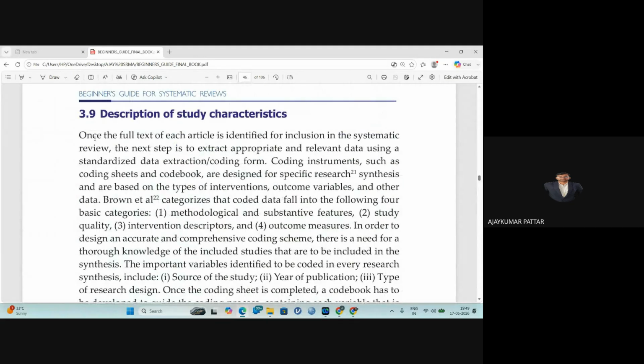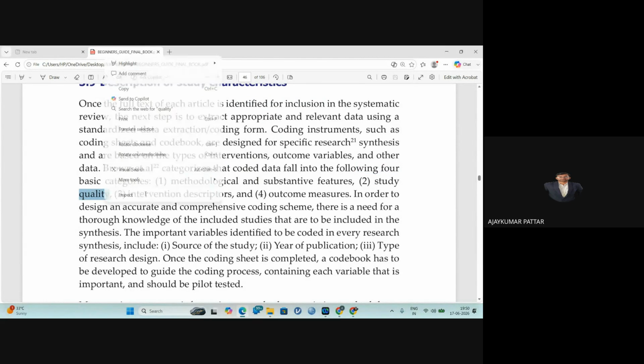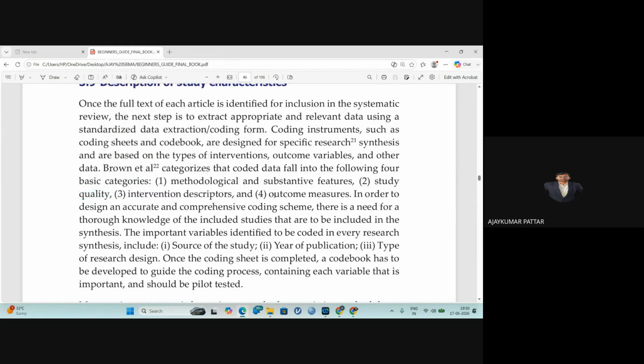So once the full text article is identified, and if we include it in the systematic review, then we will go with the data extraction. Generally the data fall into the following four categories: methodological and study quality, intervention descriptions, and outcome measures.